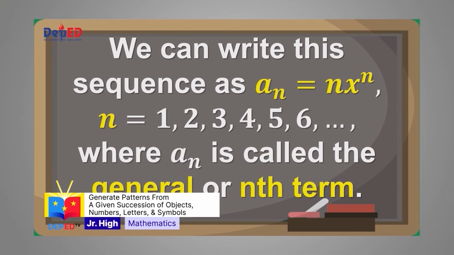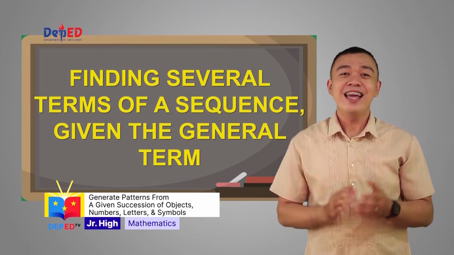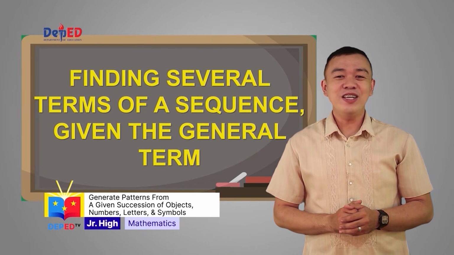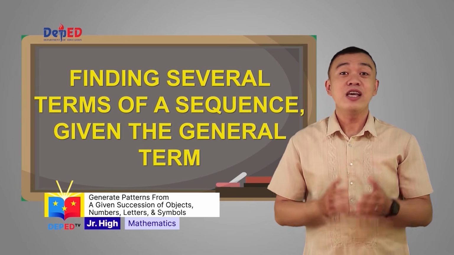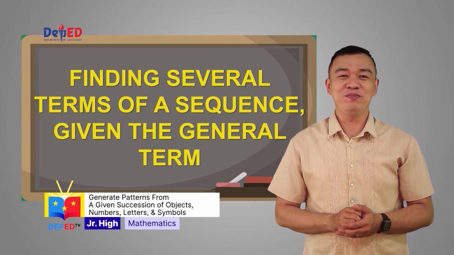We can write this sequence as a sub n is equal to n x raised to n, where n is equal to 1, 2, 3, 4, 5, 6, and so on, where a sub n is called the general or nth term. Now, let's try finding several terms of a sequence given the general term.